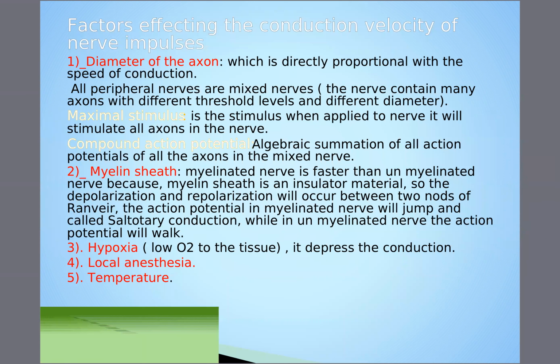The action potential in a myelinated nerve fiber will be jumping, called saltatory conduction, while in the unmyelinated nerve fiber the action potential will be continuous.